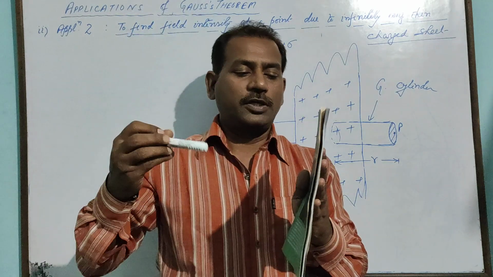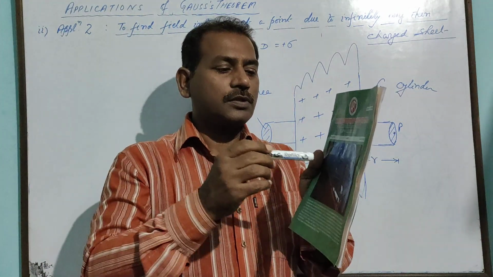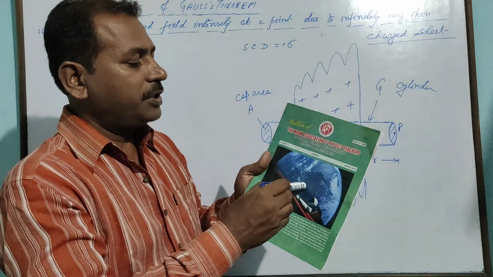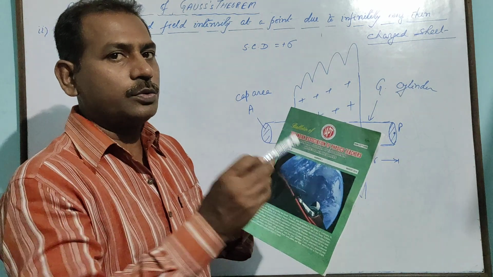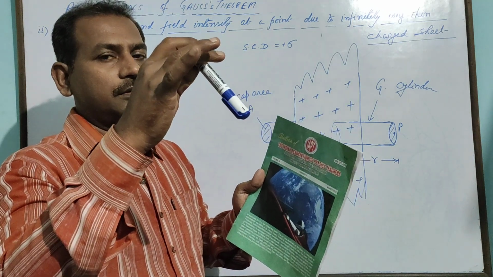For example, if it is penetrating, charge is spread throughout. So when it penetrates, whatever the charge there will be, equal to its cap area, that will be enclosed in that Gaussian cylinder.